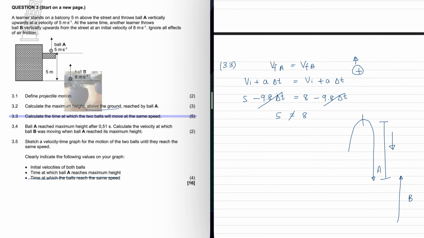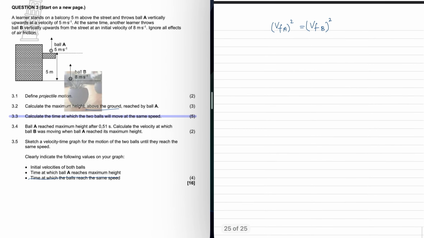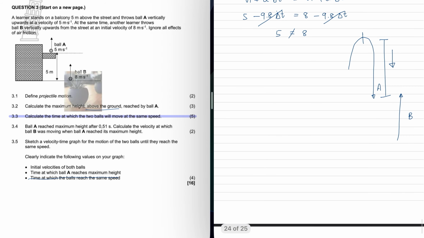So 5 minus 9,8 delta t, squared, is equal to 8 minus 9,8 delta t, squared. The reason we are squaring it is that if the velocities are in opposite directions, squaring will make them both positive.